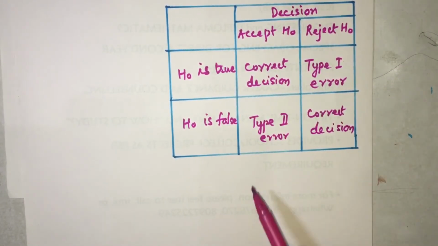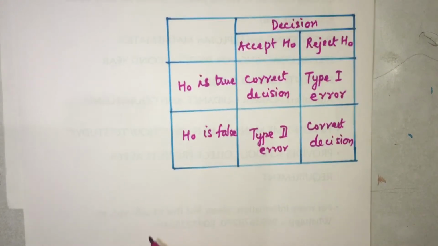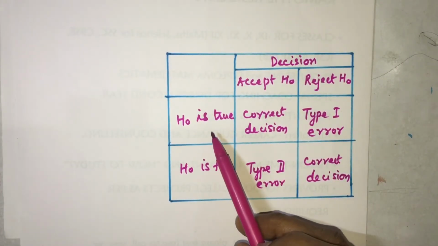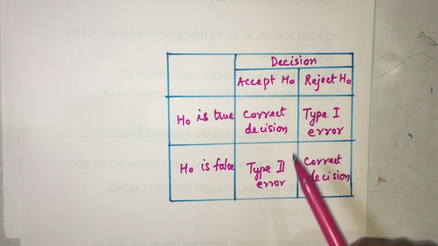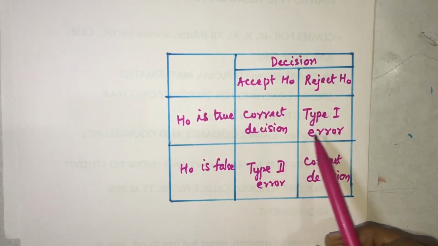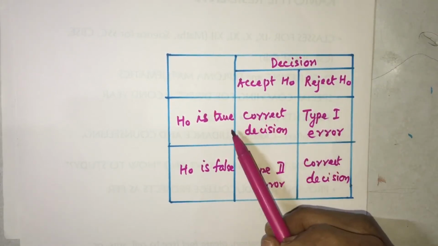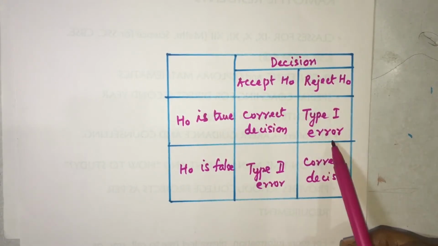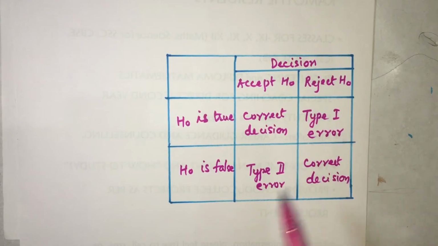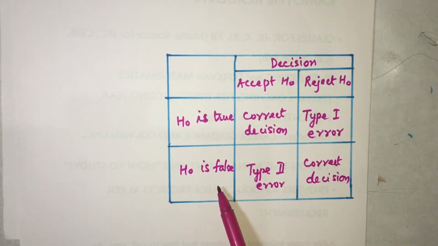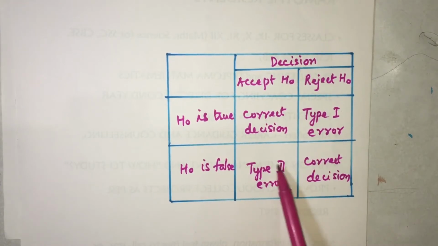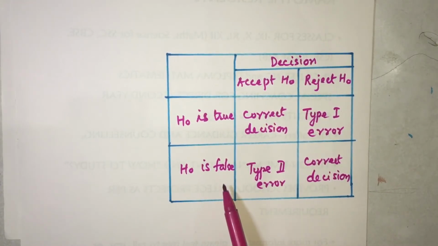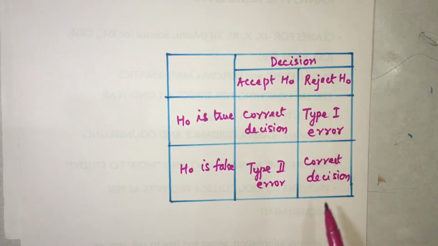So hope you understood the concept of type 1 and type 2 error. H0 is true, you accept H0, which is a correct decision, then no problem at all. Second, H0 is true and you reject a true fact, you are creating type 1 error. H0 is false and you accept a wrong thing, you are creating type 2 error. And H0 is false, reject H0, you are making a correct decision.